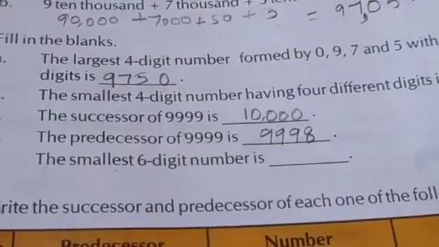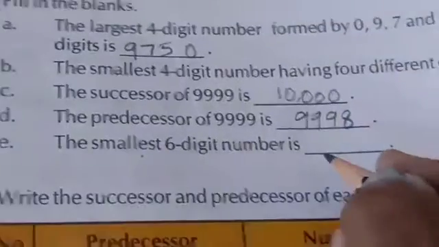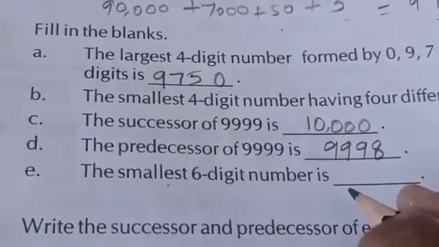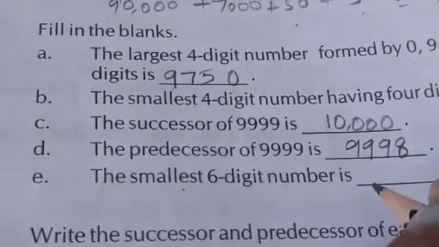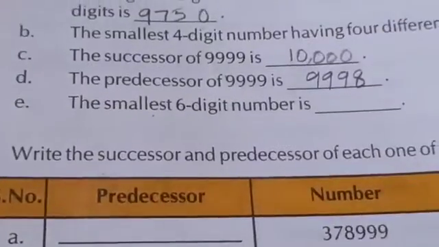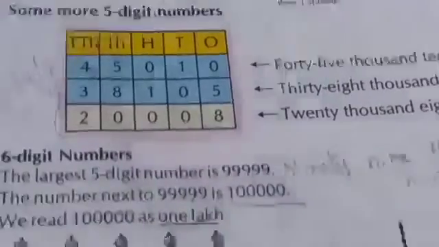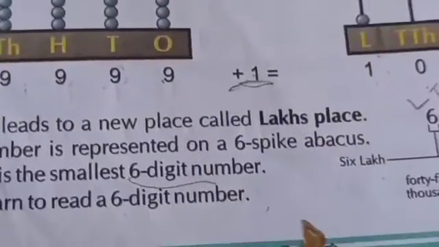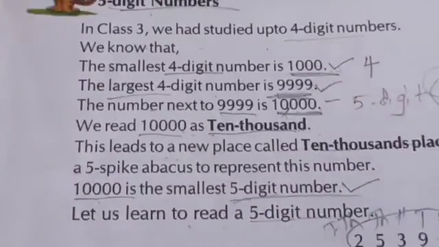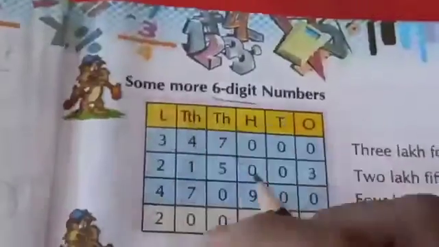Now the smallest 6-digit number. The smallest 6-digit number is what? Now see, they are asking the smallest 6-digit number. In the previous classes we learned smallest number, greatest number, 5 digit, 6 digit, 7 digit. Did you remember? I will show you the page where we learned this. See, here in page number 6 we learned this one. 5 digit number, 6 digit, 7 digit numbers.